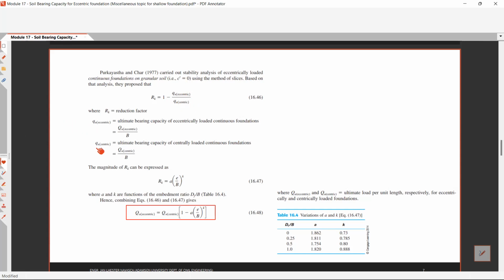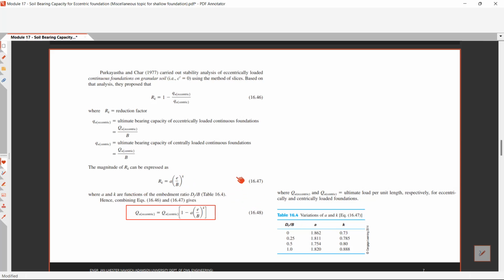The QU eccentric is basically the ultimate bearing capacity of eccentrically loaded continuous foundation. And the QU centric is the ultimate bearing capacity of centrally loaded or no eccentricity continuous foundation. And your magnitude RK can also be expressed as alpha E over B raised to K, where your A and K are the functions of the embedment ratio dF over B, this one, which is table 16.4.